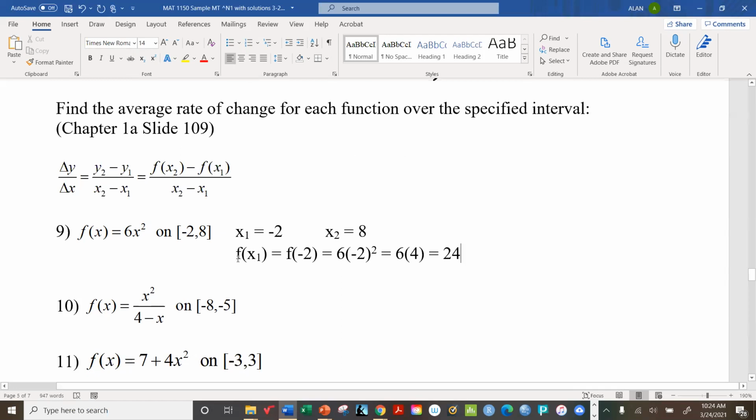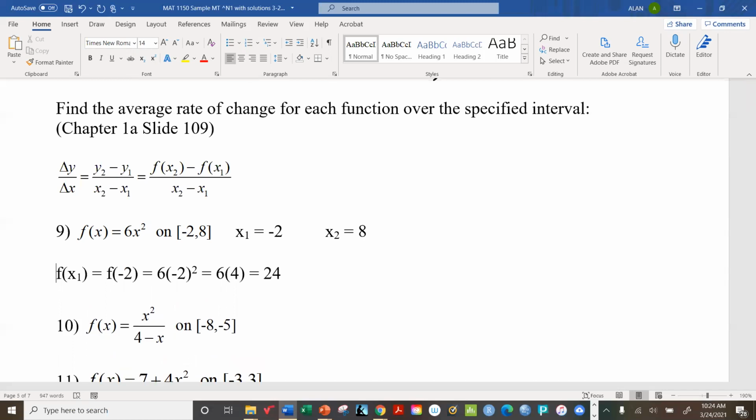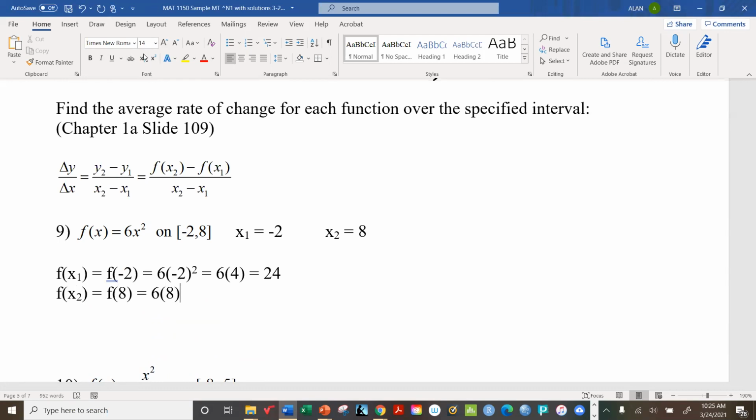And then f of x2 would be f of 8, which is 6 times 8 squared, which is 6 times 64, which is 384.